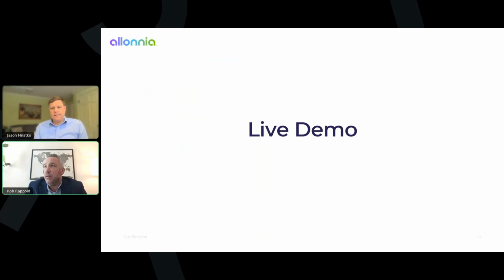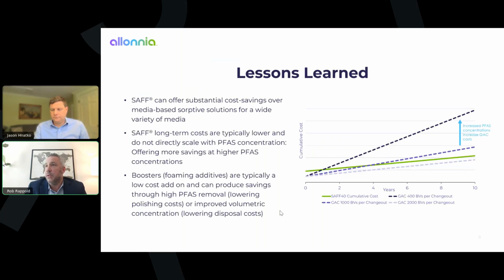As Jason alluded to, we could make some assumptions and changes on the fly and give a look at what that would mean for you.